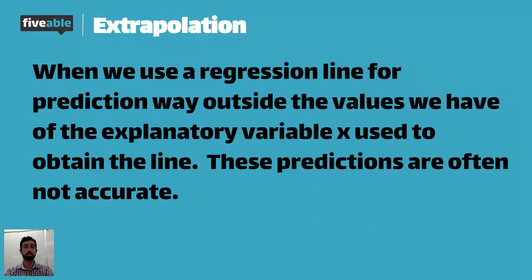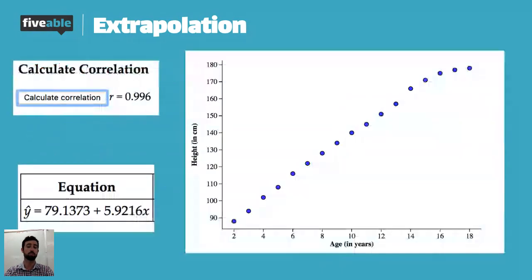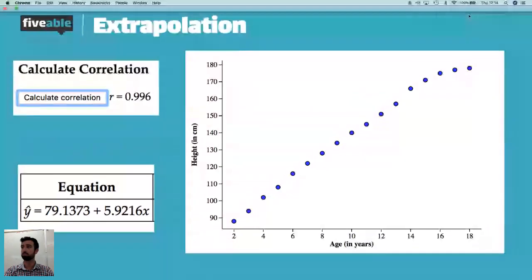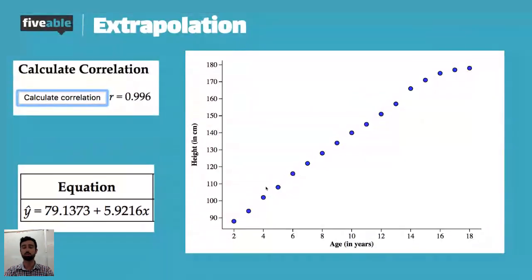So for this example, I took data from students' age and their height. As we can see, there is a positive, strong, linear relationship between age and height. And we see that right there. And our R value proves it. It's 0.996.